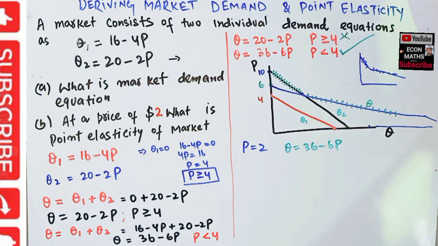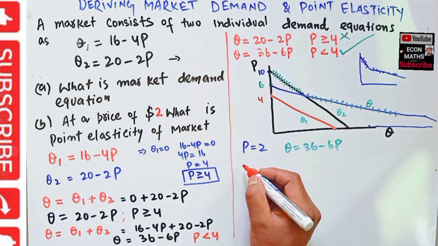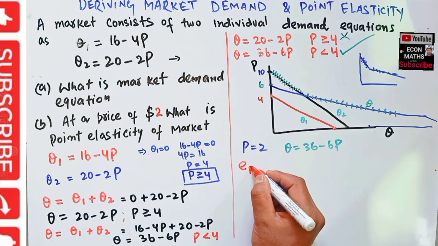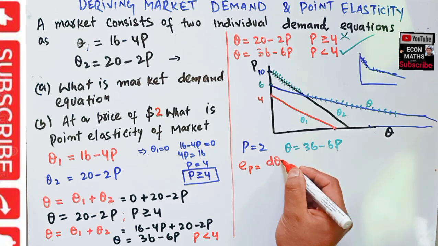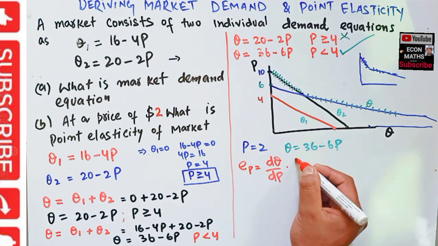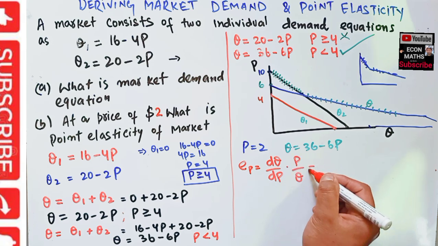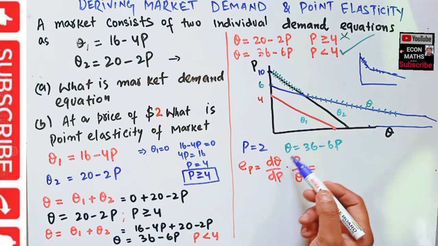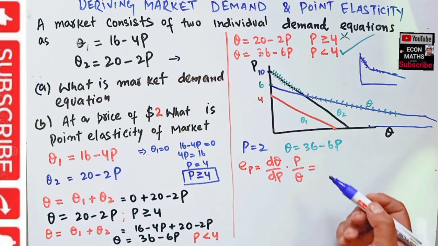We need to find the point elasticity of demand. Point elasticity of demand is simply equal to, let's denote it by E subscript p, dq upon dp times p upon q. Okay, dq upon dp means the derivative of this function with respect to price.